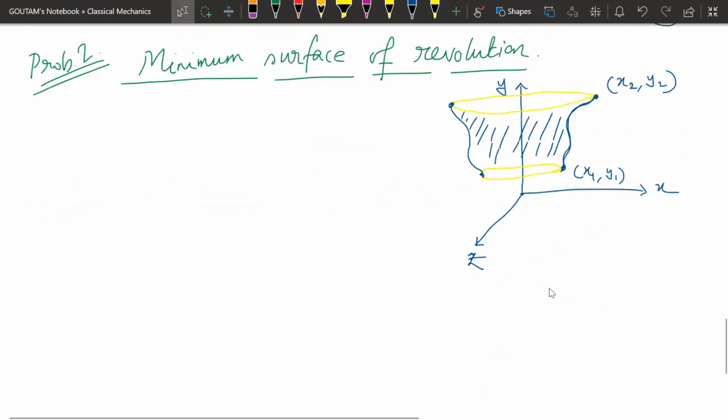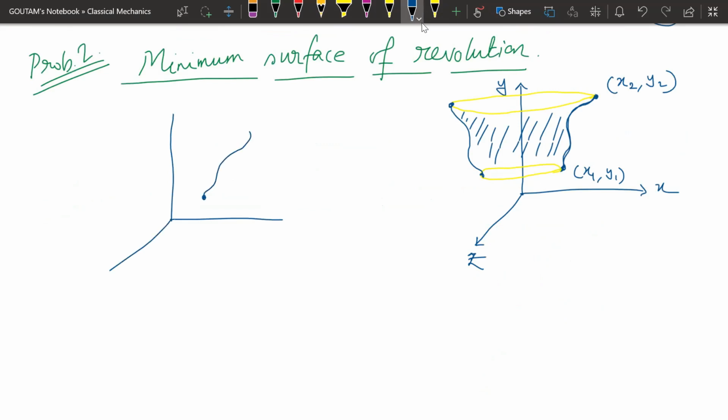Now let's say we have a curve, and this is how we want to rotate it along the y-axis.